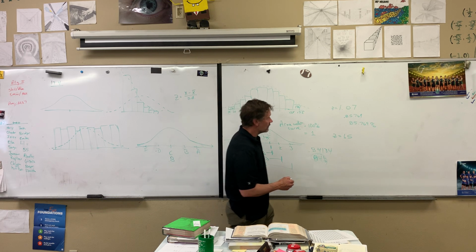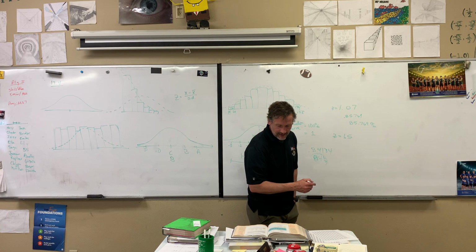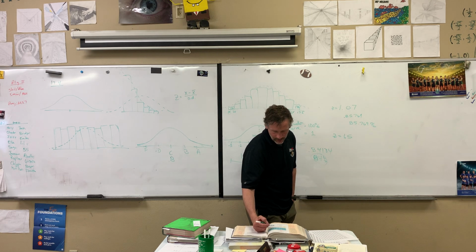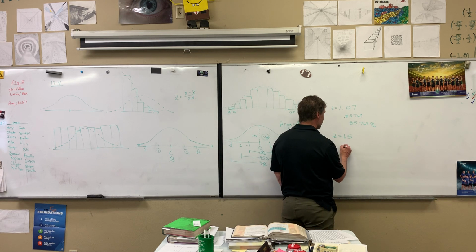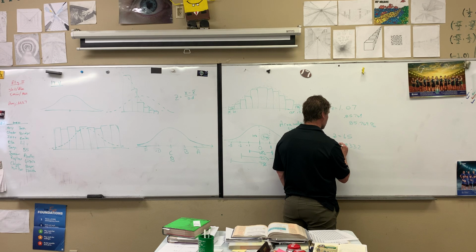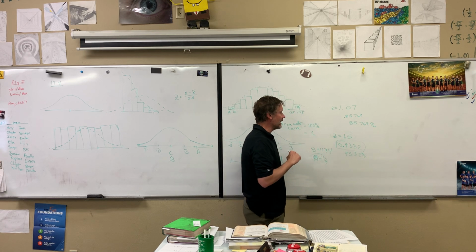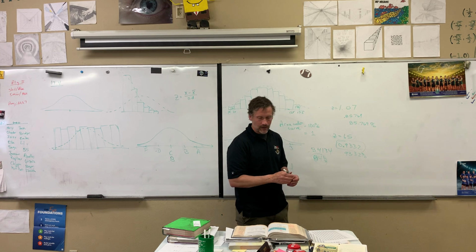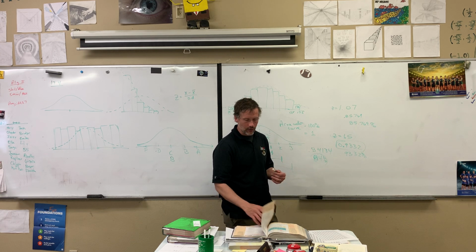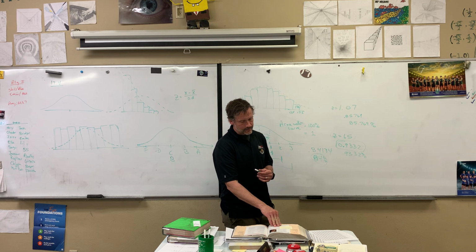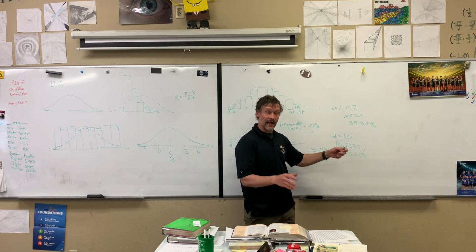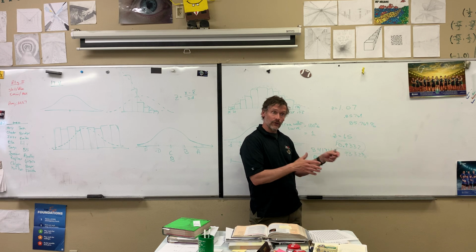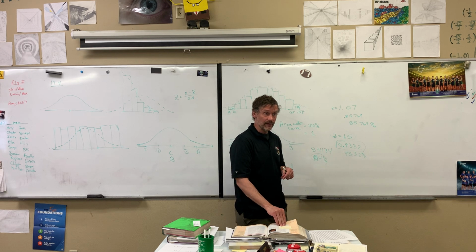Your percentile, the percent of data below you, is 0.9332, or 93.32%. So you're in the 93rd.32 percentile. If you're doing a test score, you're above 93.32% of the data, all the people who fall below you. You're better than, if you will, 93% of the data.